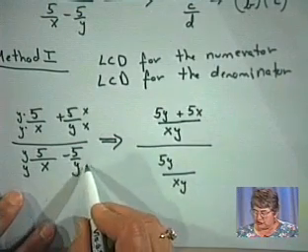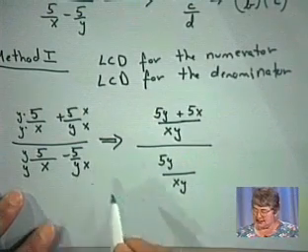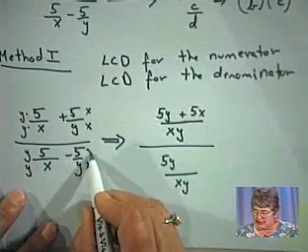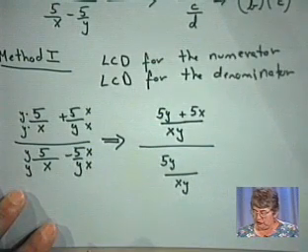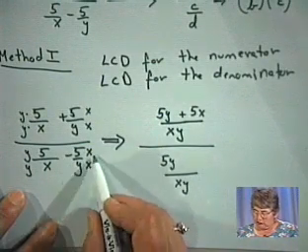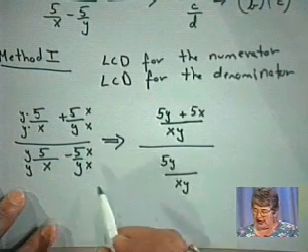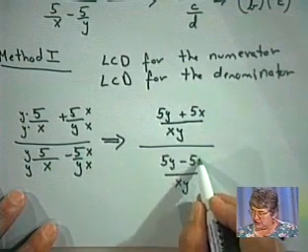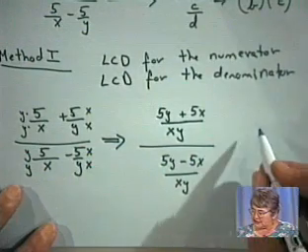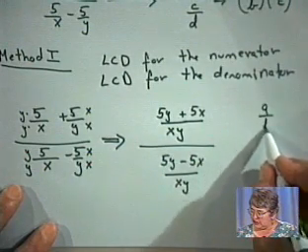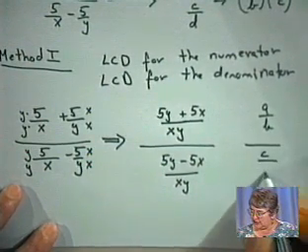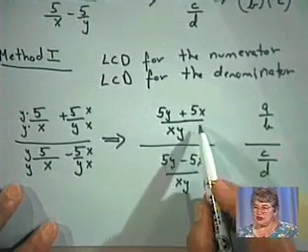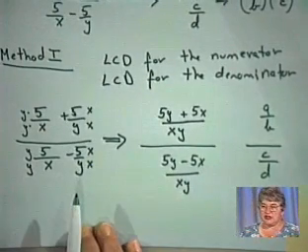For the second expression, we'll multiply the denominator by x, since we don't have x's in the denominator, and we do the same to the numerator. Again, remember, we're multiplying by an expression equal to 1, not changing the number that we have. Now it's in the form of a over b divided by c over d. We have one fraction in the numerator divided by one fraction in the denominator.